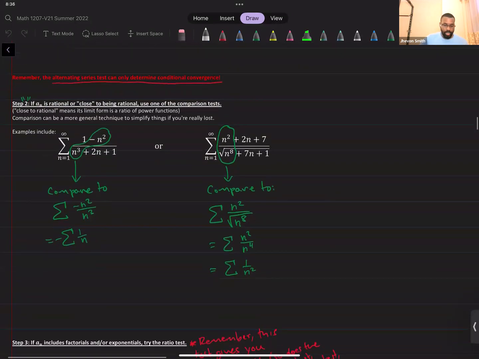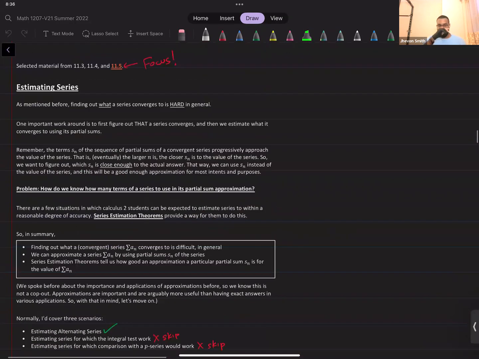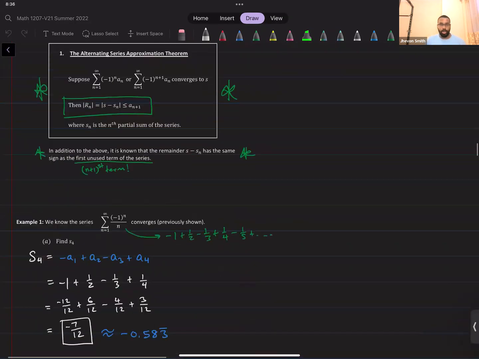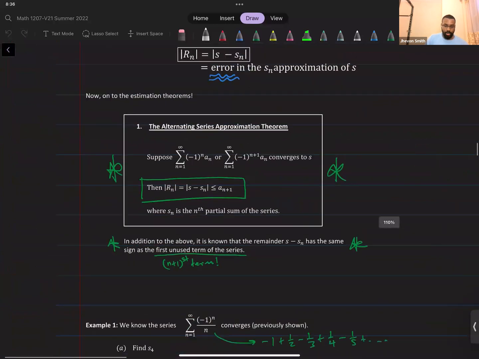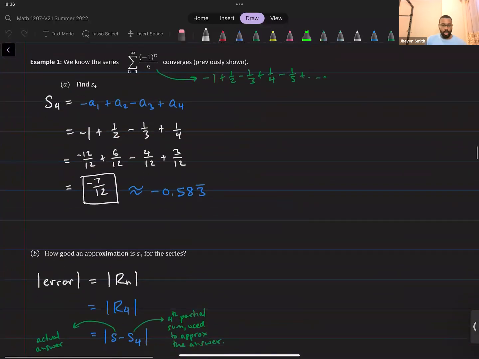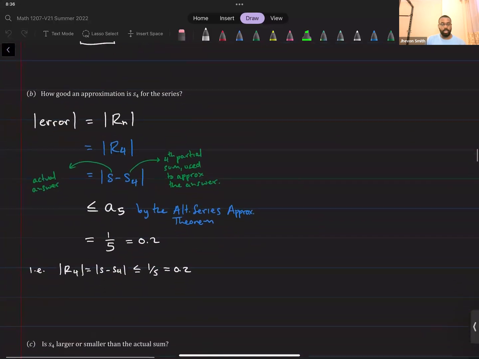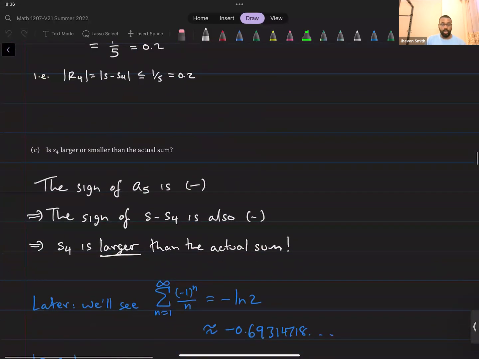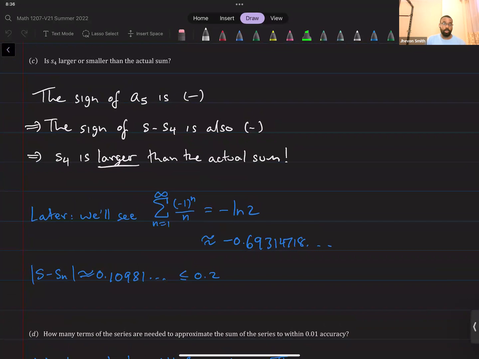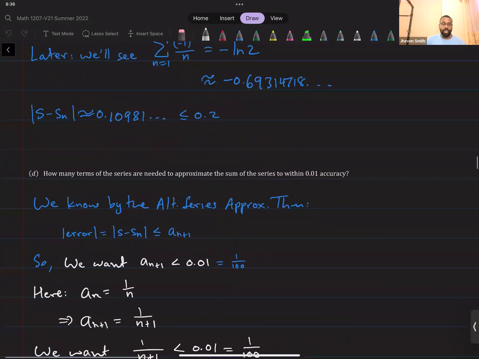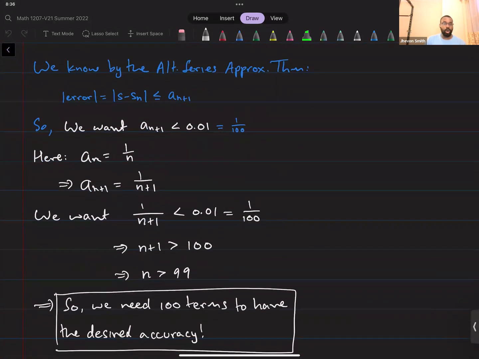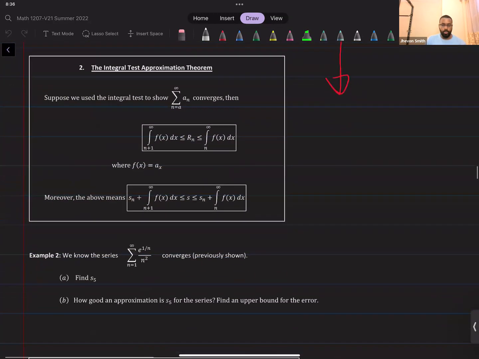And we spoke about estimating alternating series using the Alternating Series Approximation Theorem, which actually has a lot of information packed into it. We can know how good an approximation the sum of the first n terms is for an alternating series. We can know if our approximation is bigger or smaller than the real answer. And we can actually control the level of accuracy we want by solving this equation, a_(n+1) less than the error.